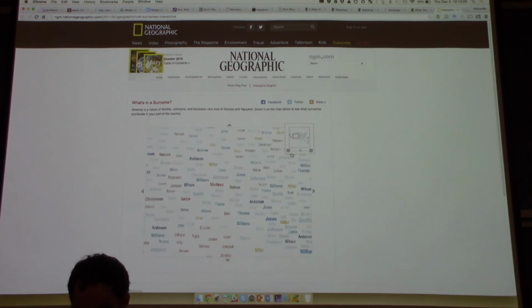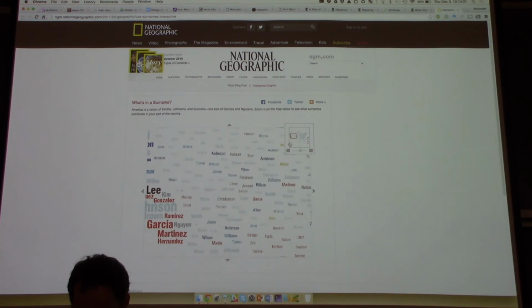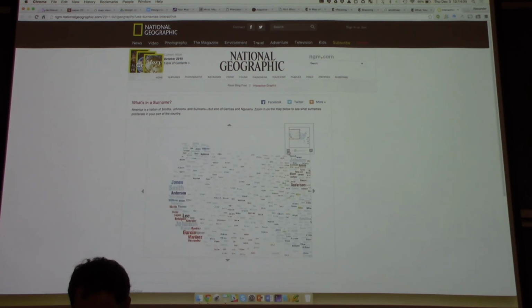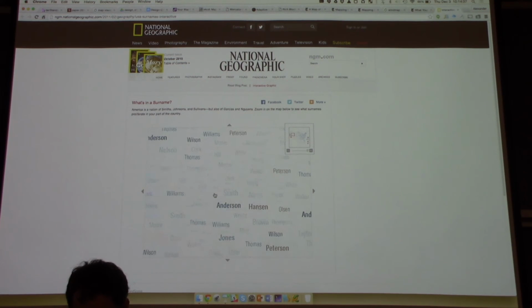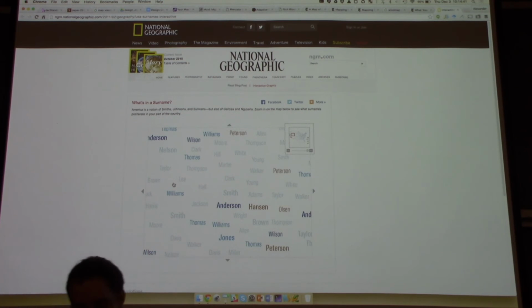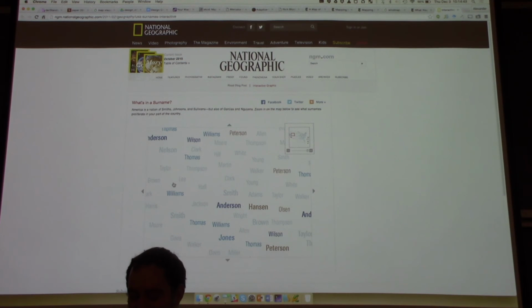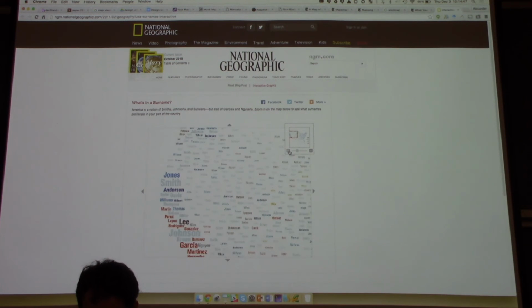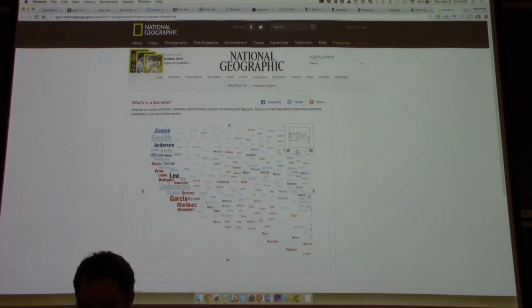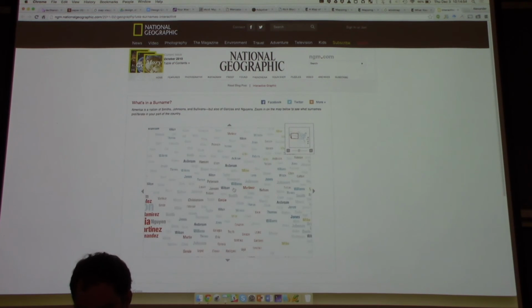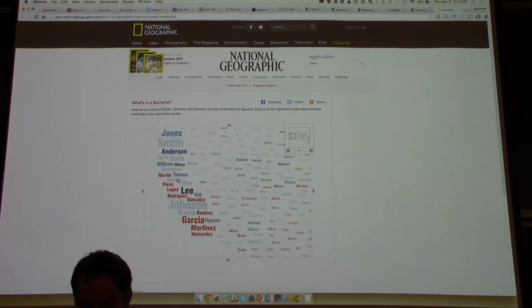And then where's Utah in there? It's a little tough to navigate. So Utah would be about here, right? Smith, Anderson, Jackson, so more English names. And as we go down in California, the Spanish names start to dominate. Lee and Kim.